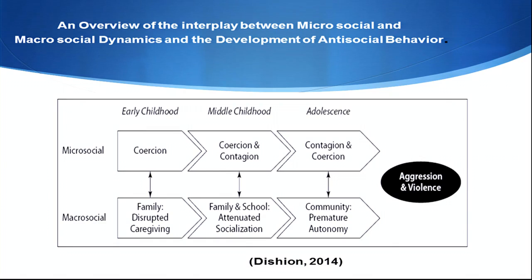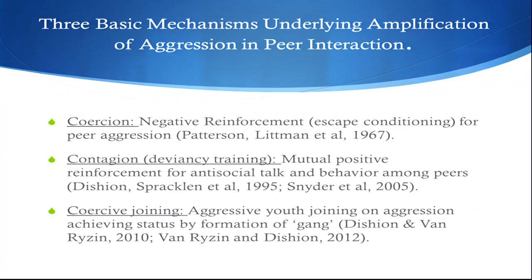And then along with those are the microsocial underpinnings of violence. The macrosocial is potentially disrupted families, school, and then involvement in the neighborhoods. And of course, neighborhoods are going to be a key part of the puzzle.